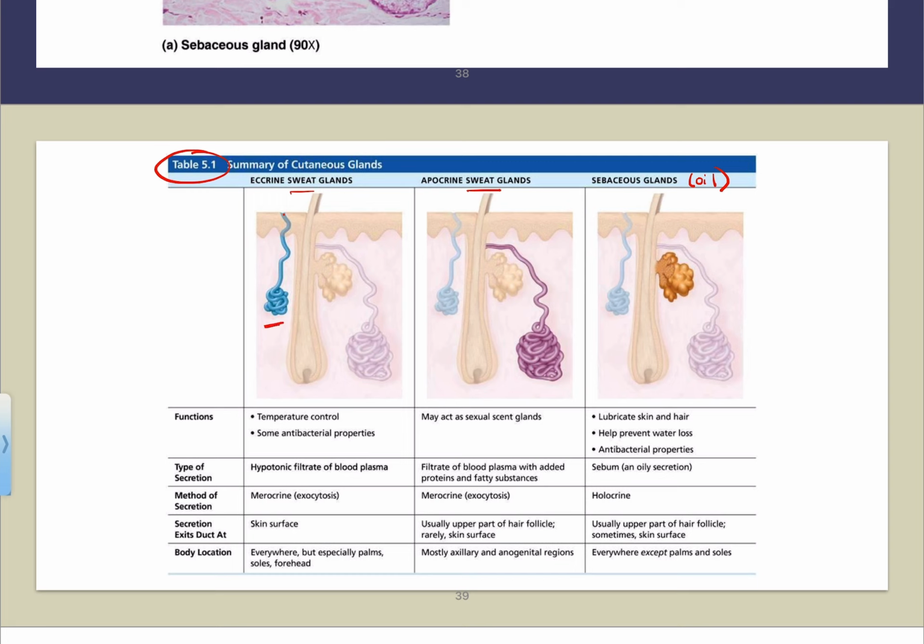So these secrete things out to the surface of the skin. Apocrine glands, primarily, they can go into a hair follicle here. Sebaceous glands are almost always associated with a hair follicle. And what kind of method they secrete. So exocytosis, basically pushing the substance to the surface or to whatever the pore is opening into, whereas holocrine will build up their products until they burst, and where you can find them.